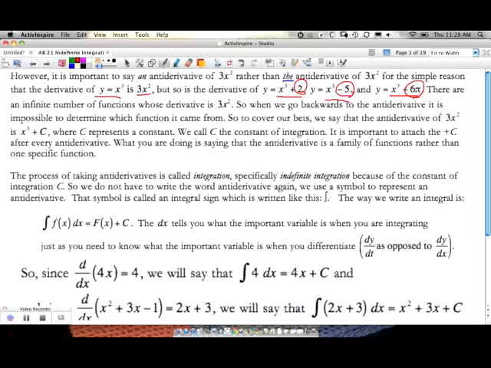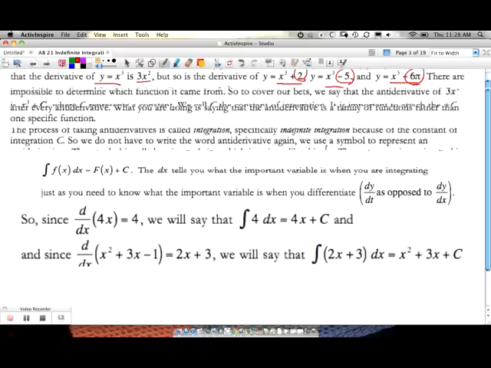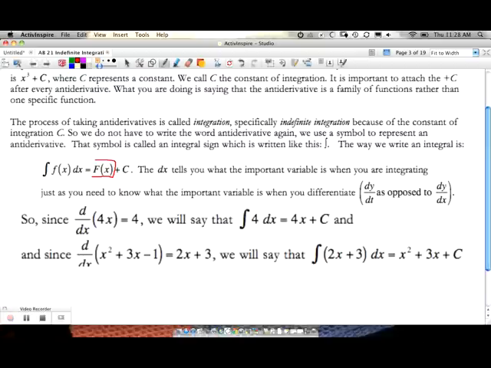So that means when we take the antiderivative, we have to say that it's going to be the antiderivative plus c. We need that constant tagged on there. Some constant.